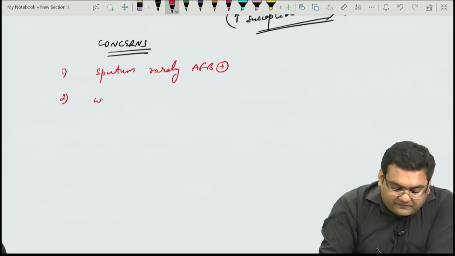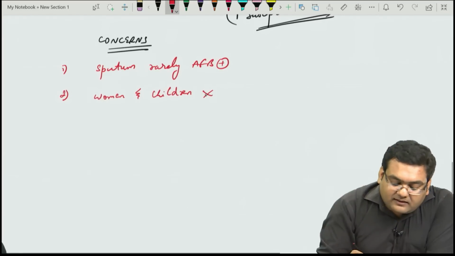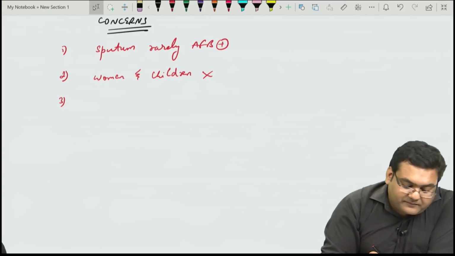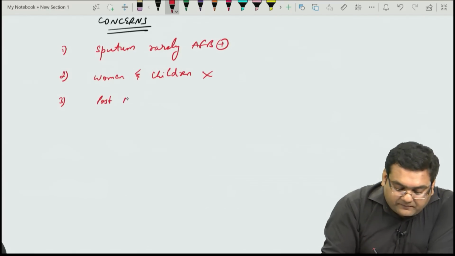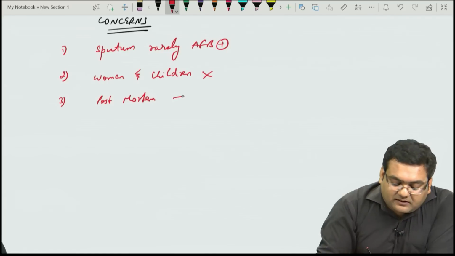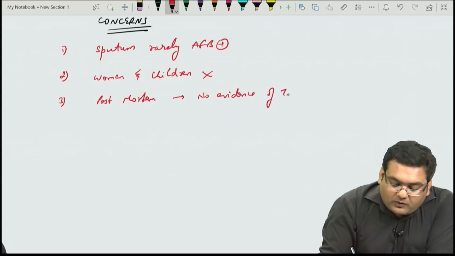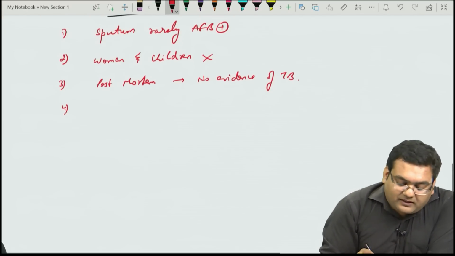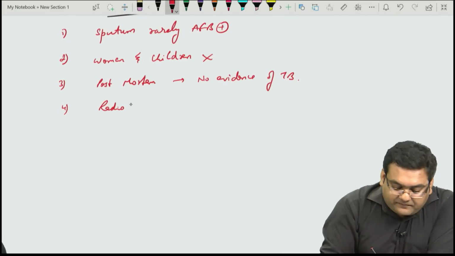Second point is in women and children the disease is not seen. Third important point is when we do a post-mortem of such patients, we find no evidence of tuberculosis. And final fourth point is radiological evidence.